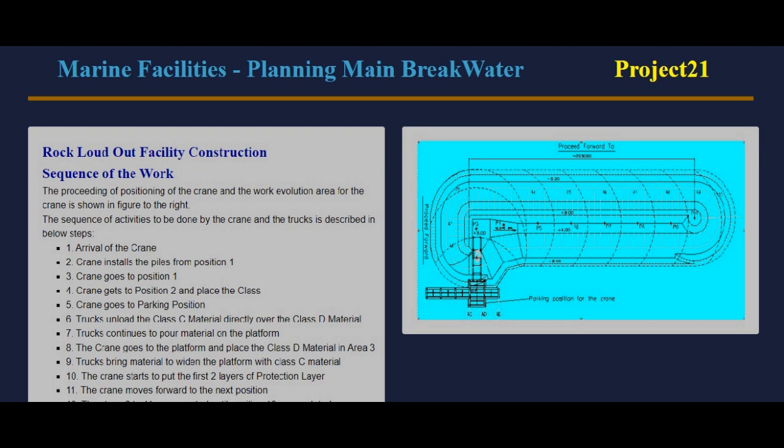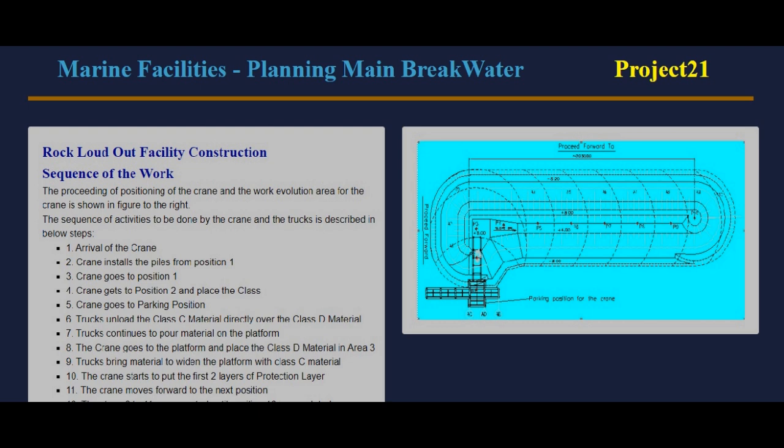8. The crane goes to the platform and place the Class D material in area 3. After placing the material on a layer of about 1 meter, a survey is performed to ensure the correct thickness has been obtained. 9. Trucks bring material to widen the platform with Class C material. The crane starts to install the transition layers, A1 material, between levels -7.50 to -5.15 CD.